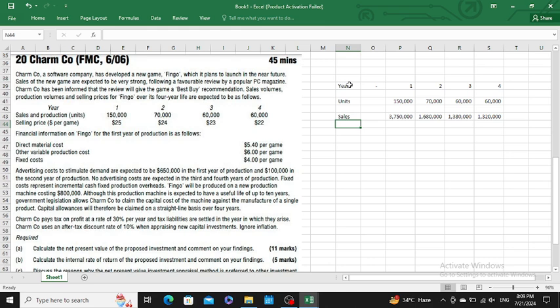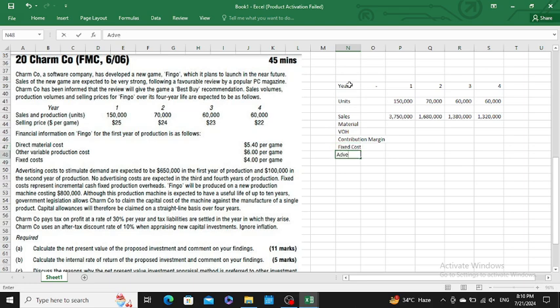Then moving forward, we have material, then variable overhead, then it comes to our contribution margin. Then it's fixed cost.